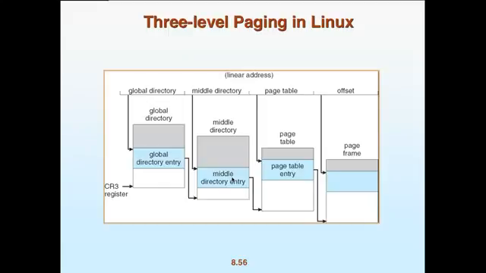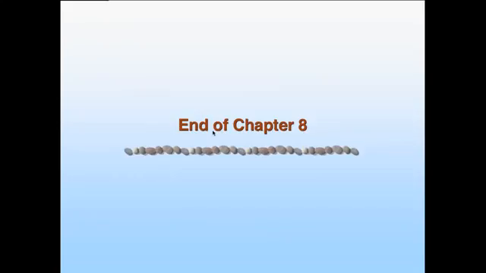So in terms of 3-level paging in Linux, we've got the global, the middle, the table, the page, and think of this more like a hierarchical system where the pages have the frames, the middle directory has the pages, the global directory has the directory of the pages, essentially. We create some complex data structures to keep track of all of the information that's being stored in these tables. And these are nothing more than abstractions of tables.